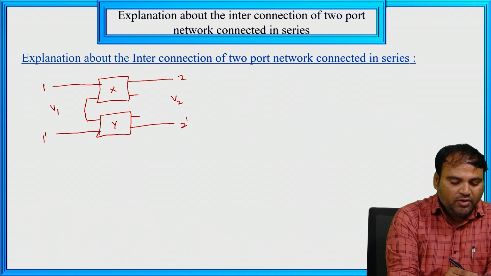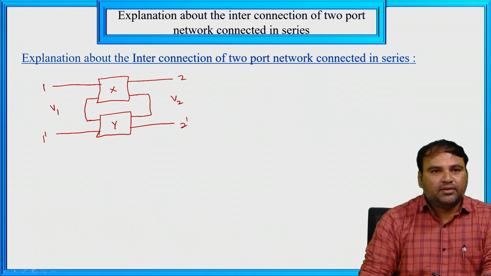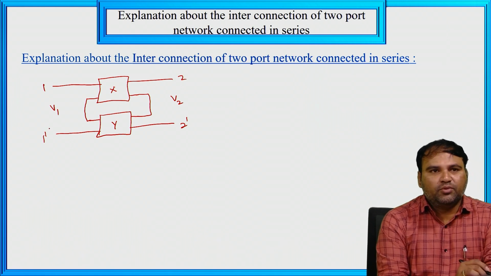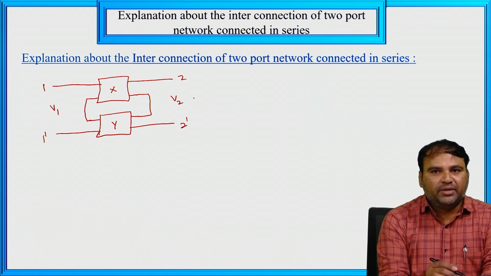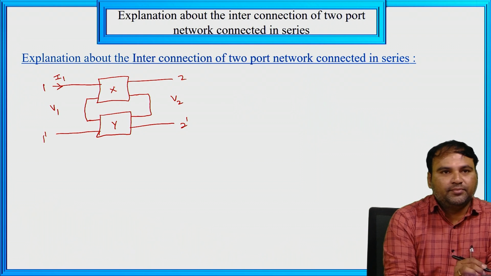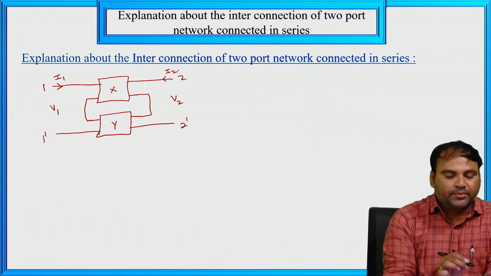Now the X network and Y two-port network are connected in series combination. The input voltage at port 1 is V1 and at port 2 is V2. The total currents are I1 and I2.